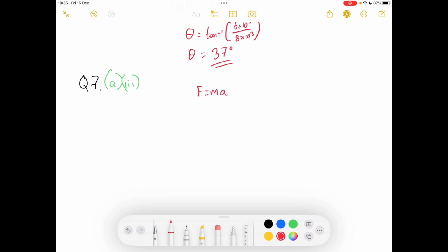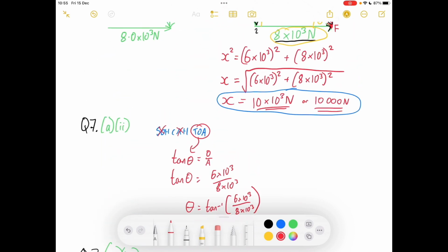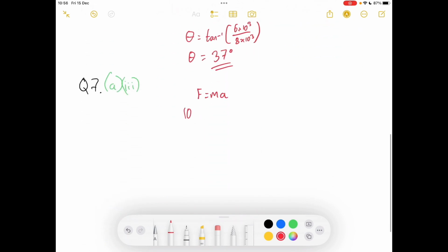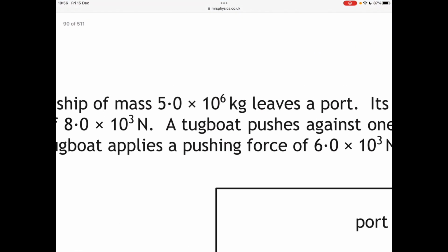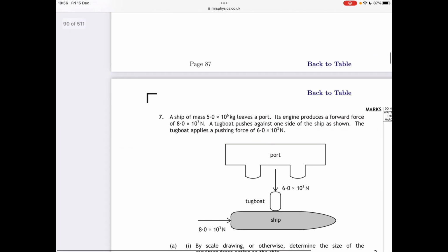F equals m times a. Now, the tricky part here is figuring out what force to pick. Now, the force you're going to pick, well, it's going to be your resultant force you calculated in part A, which is 10 times 10 to the 3. The mass is given in the question. It was the very first thing we talked about. 5 times 10 to the 6 kilograms.